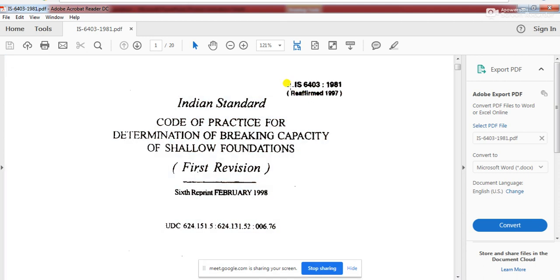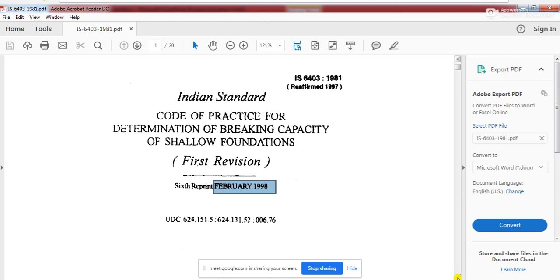This has been reaffirmed. Reaffirmed means it has been confirmed, with some modifications, that whatever recommendations are given in this code are perfect. In 1997, it was again reaffirmed, and this is the 6th reprint. You may find another reprint if you download it from the internet, but I have this version. So, you see, Indian Standard Code, what is IS 6403?